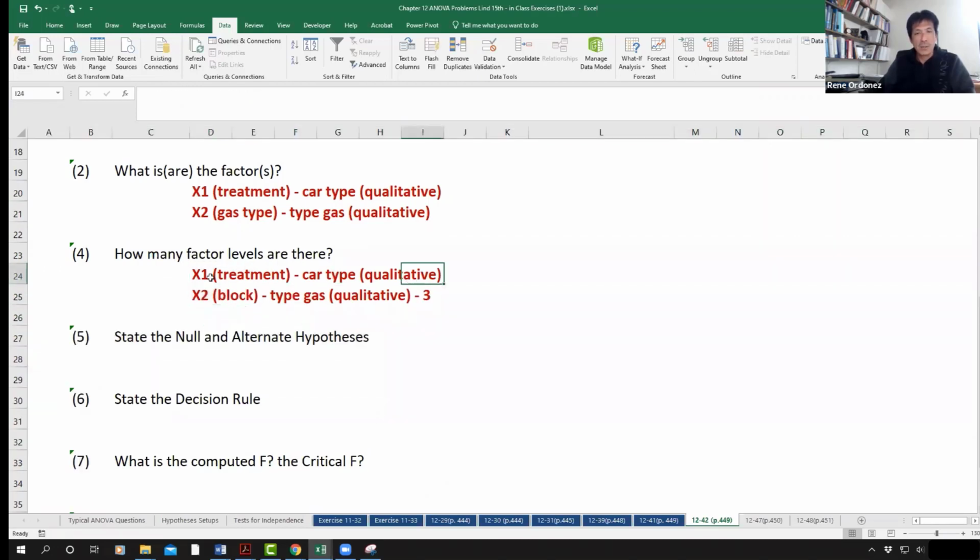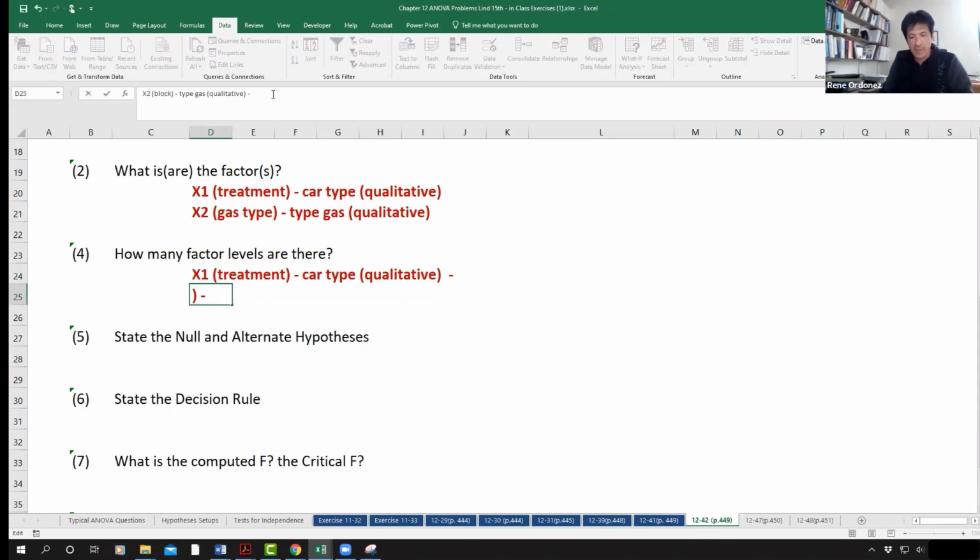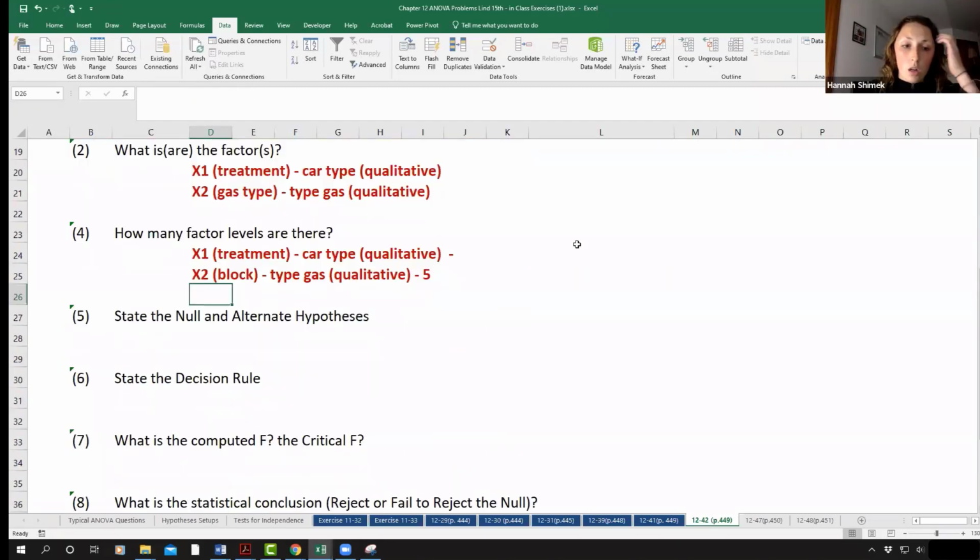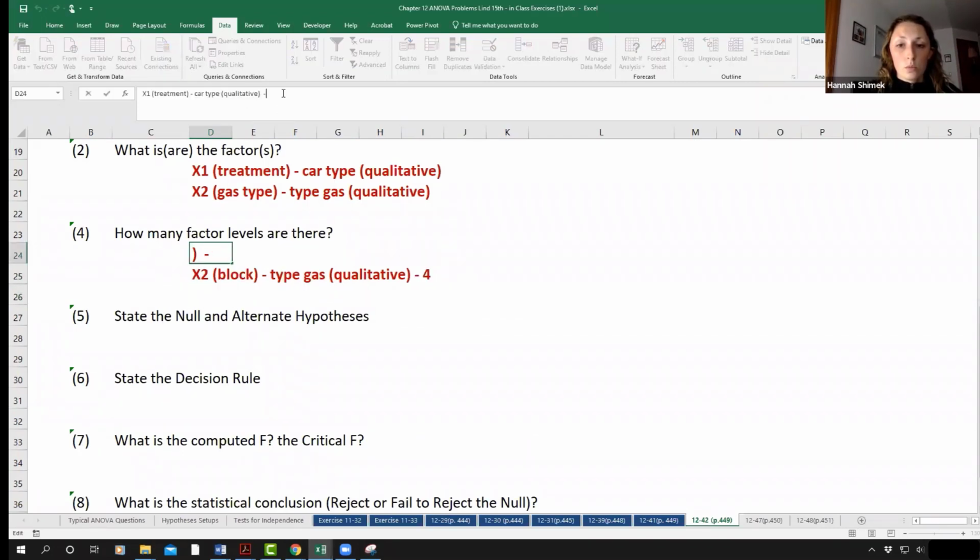So treatment, car type, there are 3. And then block, the type of gas, were there 5? 4. It's 4. Okay. Thank you.